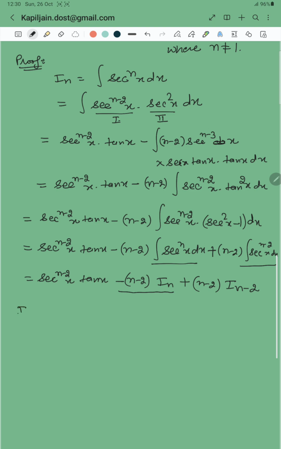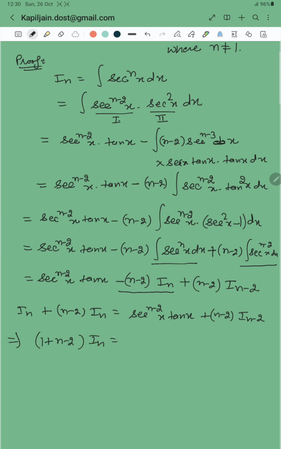Left hand side becomes I n plus (n minus 2) I n, which is equal to secant raised to power n minus 2 x tangent x plus (n minus 2) I n minus 2, which implies 1 plus (n minus 2) I n is equal to secant raised to power n minus 2 x tangent x plus (n minus 2) I n minus 2.